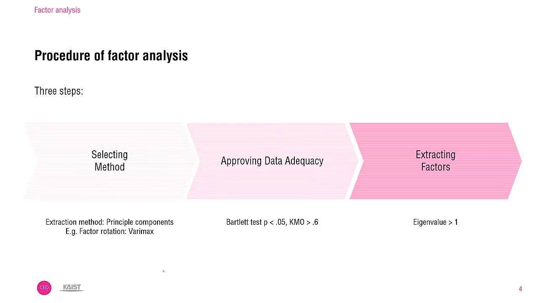The Bartlett test of sphericity should be significant for the factor analysis to be considered appropriate. The KMO index ranges from 0 to 1, with 0.6 suggested as the minimum value for a good factor analysis. After that, you can actually use the result of the factor analysis. So when your data are not adequate, then you should stop here.